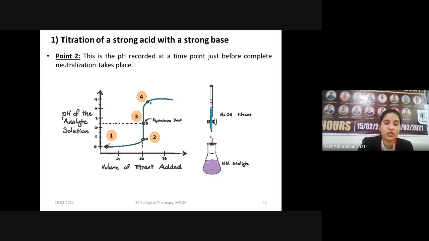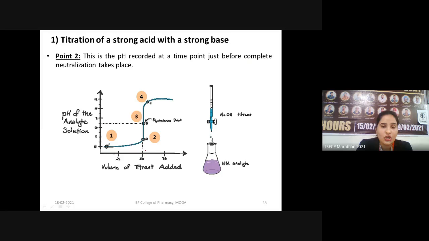Now, point number 1 was the first point, where we have not added any sodium hydroxide solution. Next is point number 2. At point number 2, we have added sodium hydroxide. This is the pH recorded just before complete neutralization takes place.